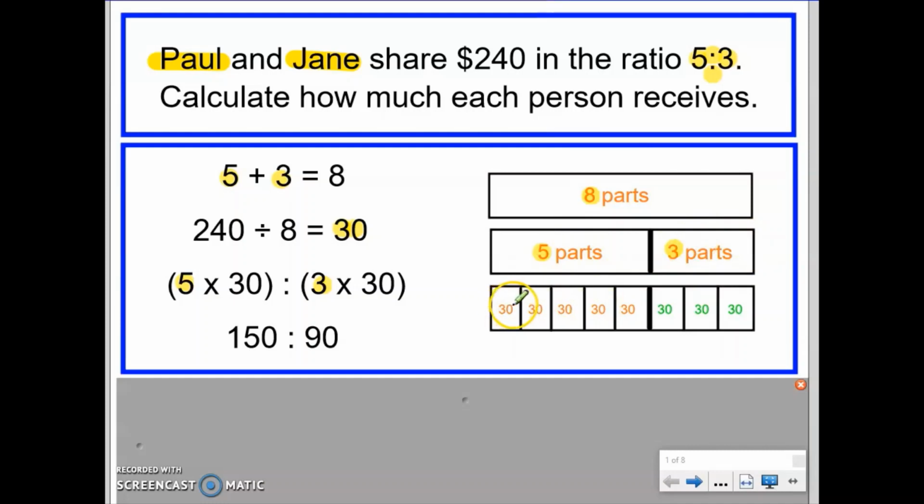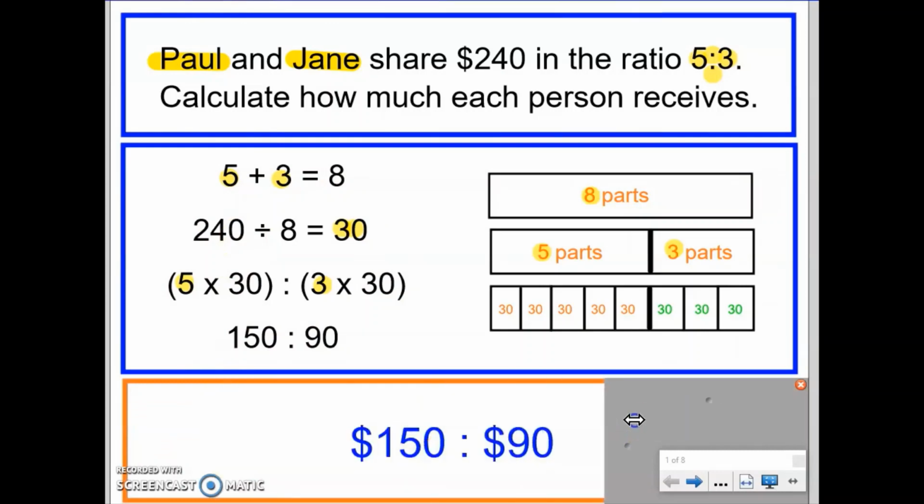If I then divide the full rectangle into the 8 individual parts that this ratio question consists of, and I know that each of those parts is worth $30, you can see again how it's divided between Paul, adding up these 5 boxes will give me 150, and Jane, adding up these 3 boxes will give me 90. But for the rest of this video, I'm only focusing on these calculations.